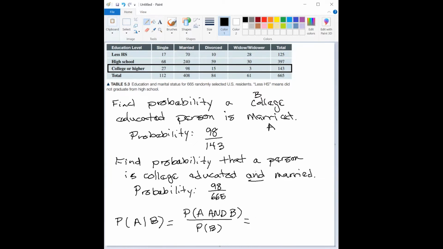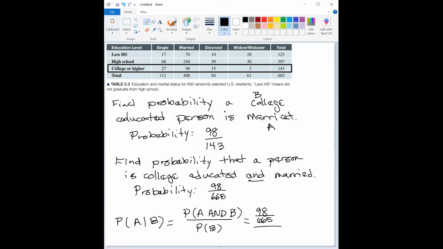What is the probability of A and B? Well, we did it right here, 98 over 665. What's the probability of B alone? We did not calculate that, but we can. What's the probability of someone being college educated? Now we're not doing any restrictions here. Now we're just using the whole table.